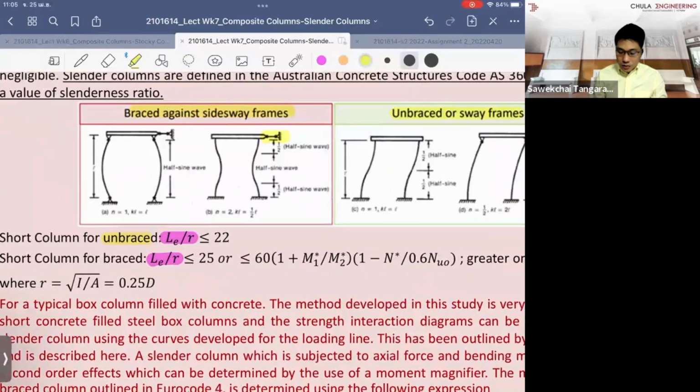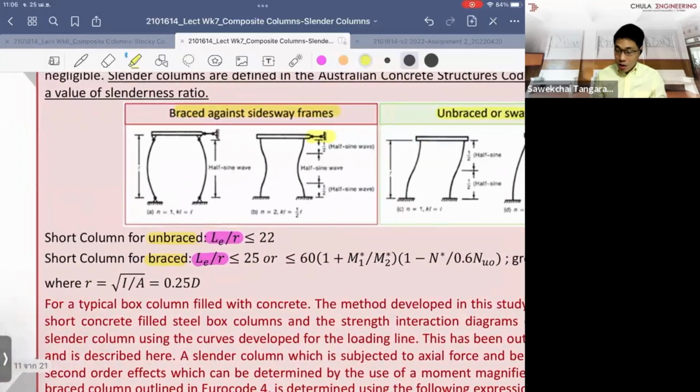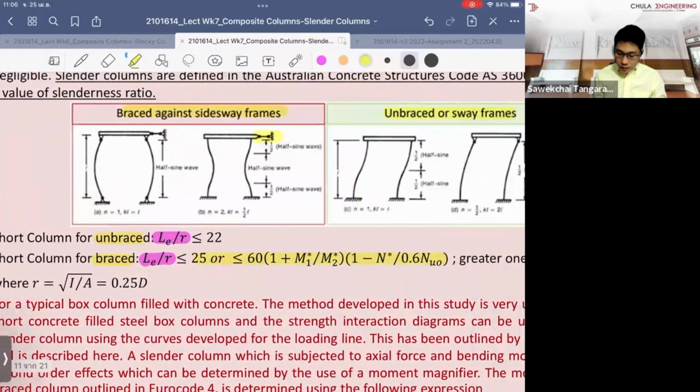In this case, you can increase the limit value to check for buckling, and L_e over r has to be less than or equal to this equation, right?